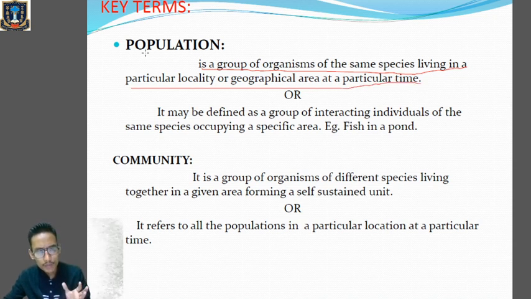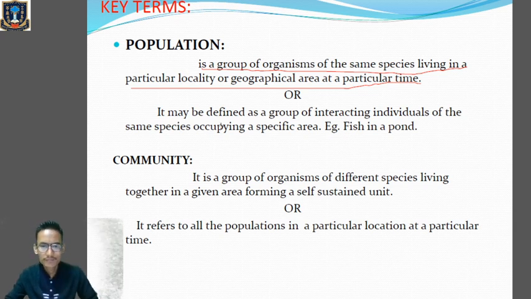When we talk about populations, the group of organisms must belong to the same species. For example, when we talk about the tiger population, we only consider tigers, not lions. We only take into account the number of tigers. So population means the group of organisms which belong to the same species and live in a particular area at a particular time.